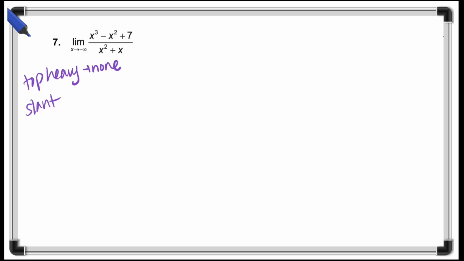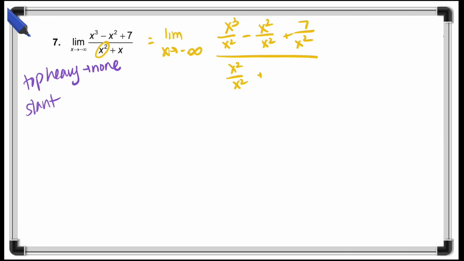So let's see, the largest degree is x squared. So we have x cubed over x squared minus x squared over x squared plus 7 over x squared, and then you have x squared over x squared plus x over x squared.